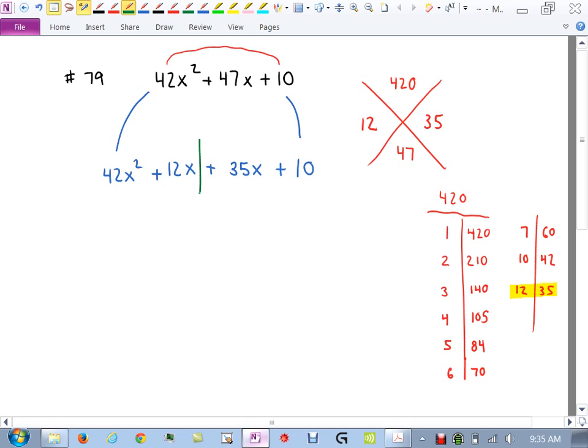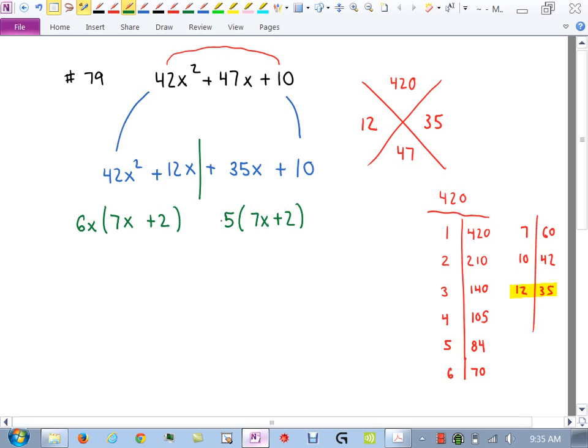We do our grouping, right? So what's the GCF out of the first two? 6x, so you're left with 7x plus 2. We need the same thing over here, 7x plus 2.